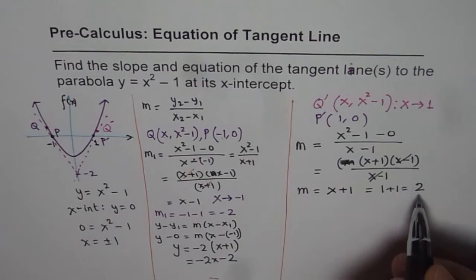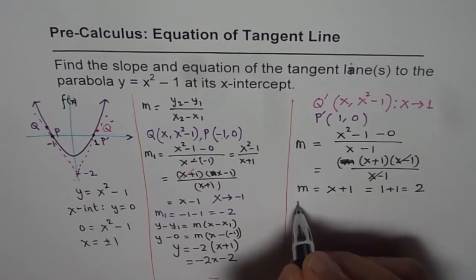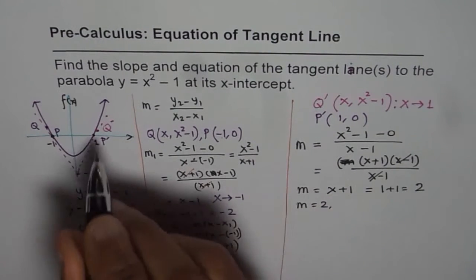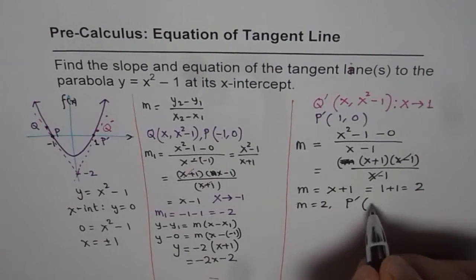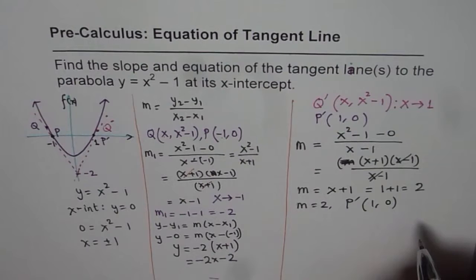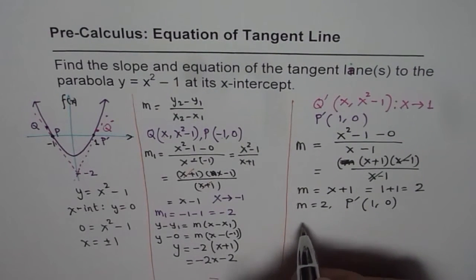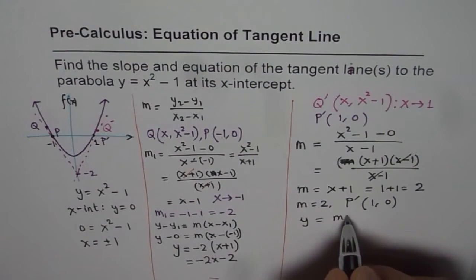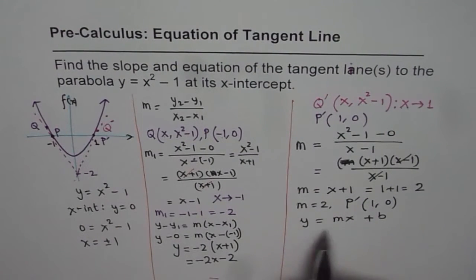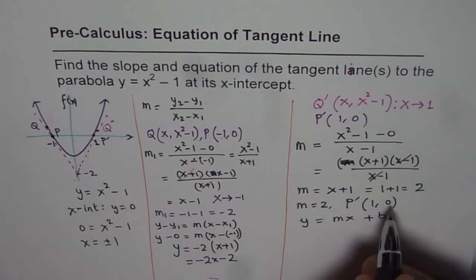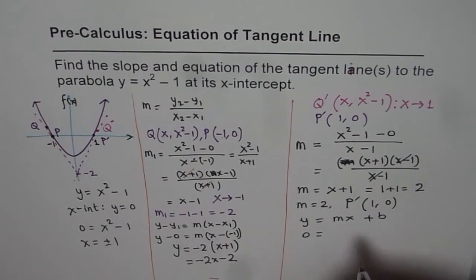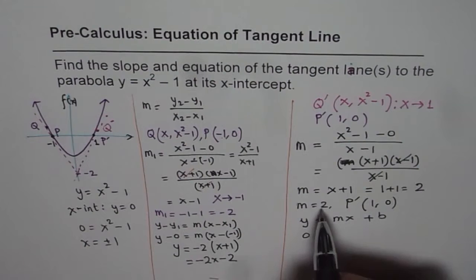Now if this is the slope and the point, we have slope m equals 2, and this point P dash is 1 and 0. So what is the equation of the line? This time we'll use the slope intercept form, which is y equals mx plus b, right? Some students are conversant with this, the others with the other form. So I'm just changing. We have y value of 0, x value is 1, slope is 2.